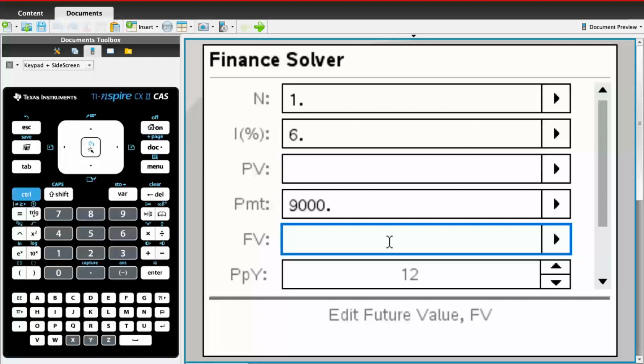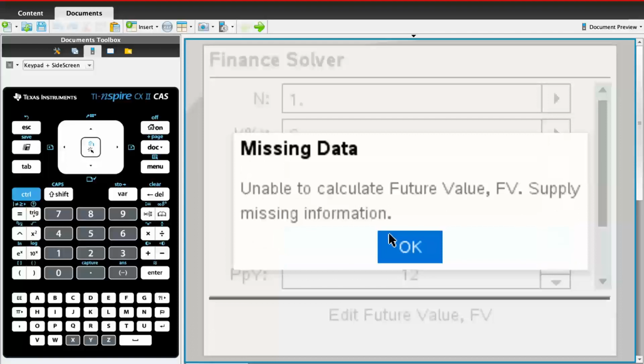But if you look at the solver template in front of you, the finance solver, you'll see that the PV and FV are not known. That's what we've got to find. One is the negative of the other, but we really don't know either explicitly. And the solver can't really do that if there are two things unknown. In fact, I believe it just gives an error. Unable to calculate it.